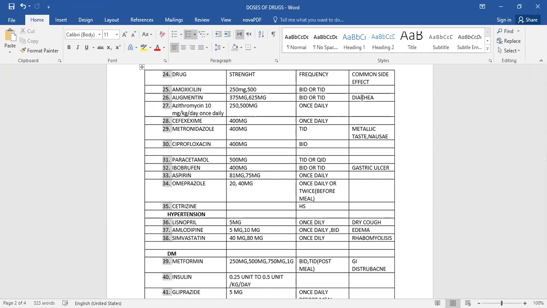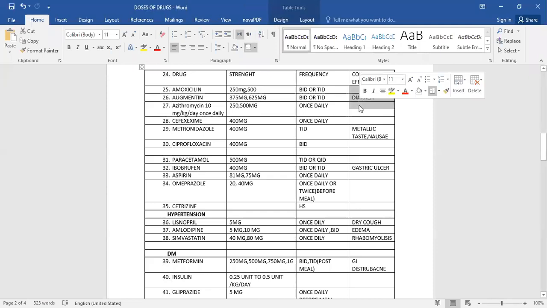So whenever you are prescribing to the patient, counsel them that they may have some GI disturbances. You can take some probiotics with it, or take it with meals, or after meals, or with yogurt, in order to reduce these side effects.